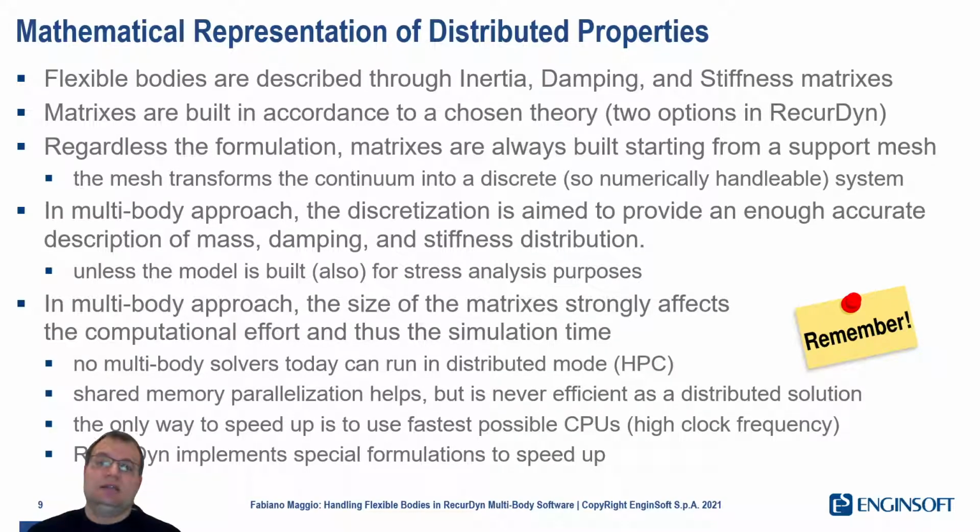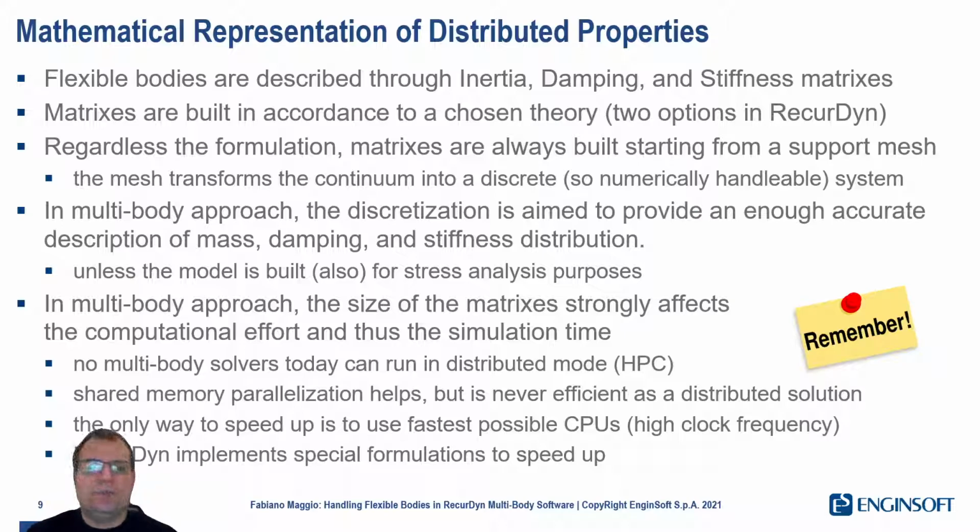And in multi-body, we have to keep in mind that transforming a rigid body into a flexible one is going to increase the size of the model a lot. Increasing the size of the model has a lot of consequences in the computational time, because multi-body, at least today, cannot benefit from HPC.